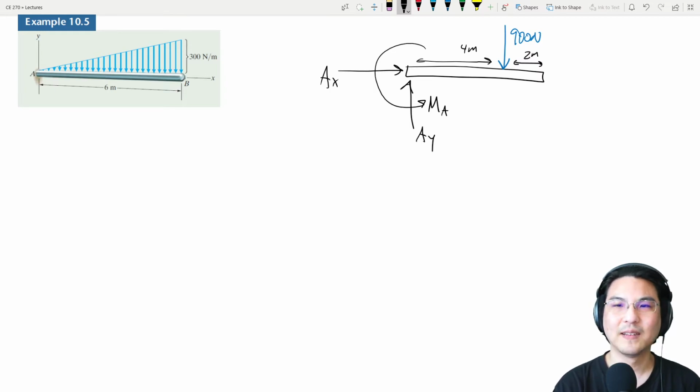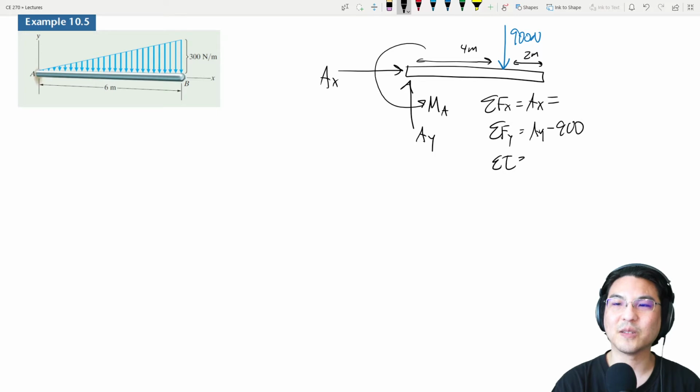Okay, now let's solve for these reactions. In the x direction we have Ax, in the y direction, Ay minus 900.